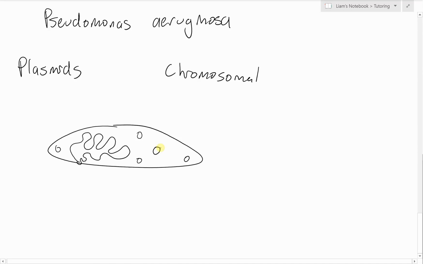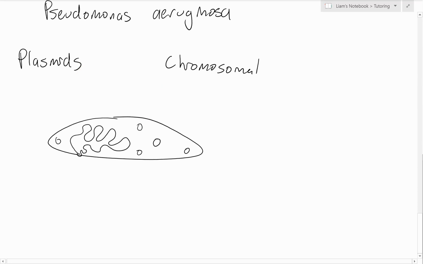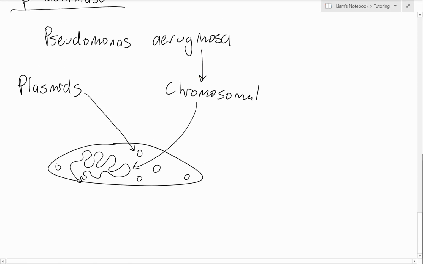These are almost like tiny chromosomes, and they replicate independently of the cell, and they can be transferred between other bacteria and between the environment and the bacteria. They're very interesting. They often encode antibacterial resistance and things like that, so they're of real concern. Plasmids often encode them, or they can be encoded directly on the chromosome. Pseudomonas aeruginosa, as we said, is intrinsically resistant, and that has a chromosomally encoded beta-lactamase.